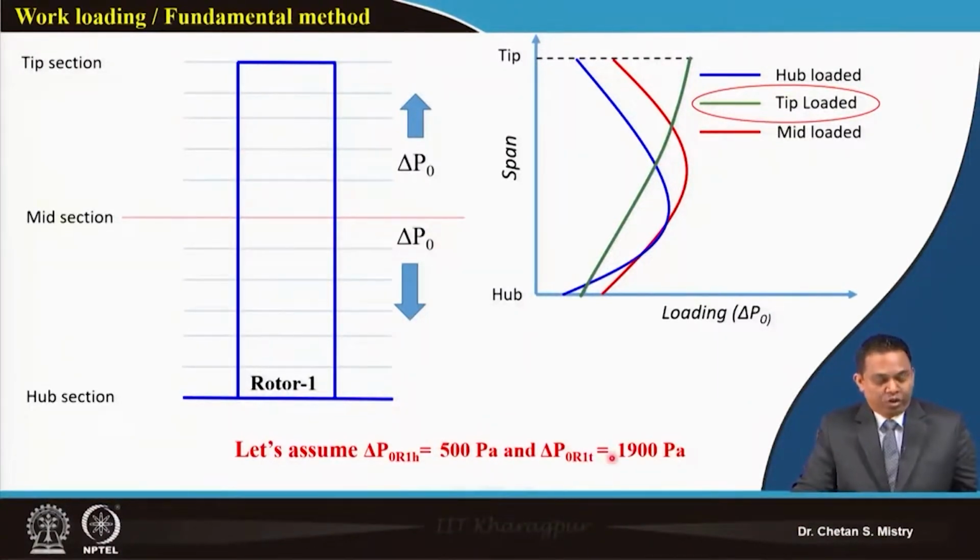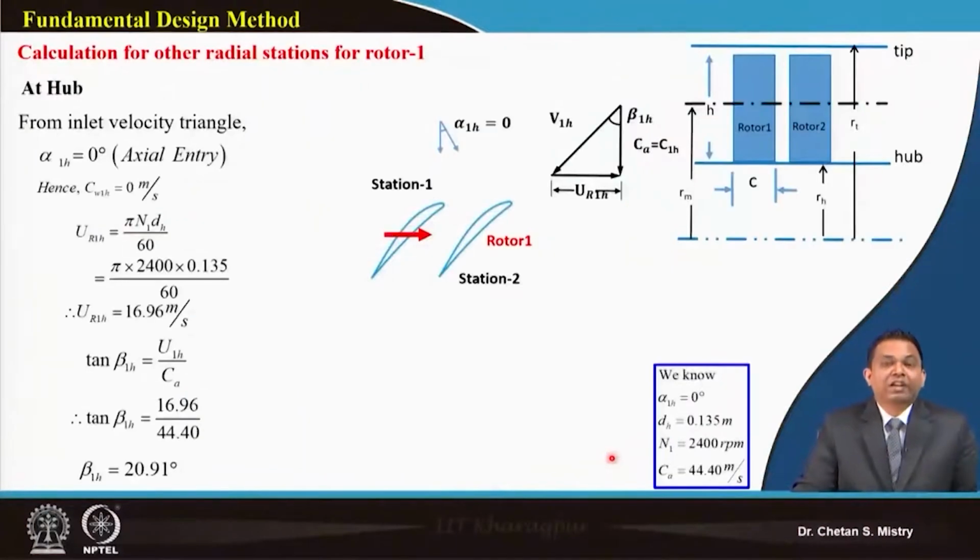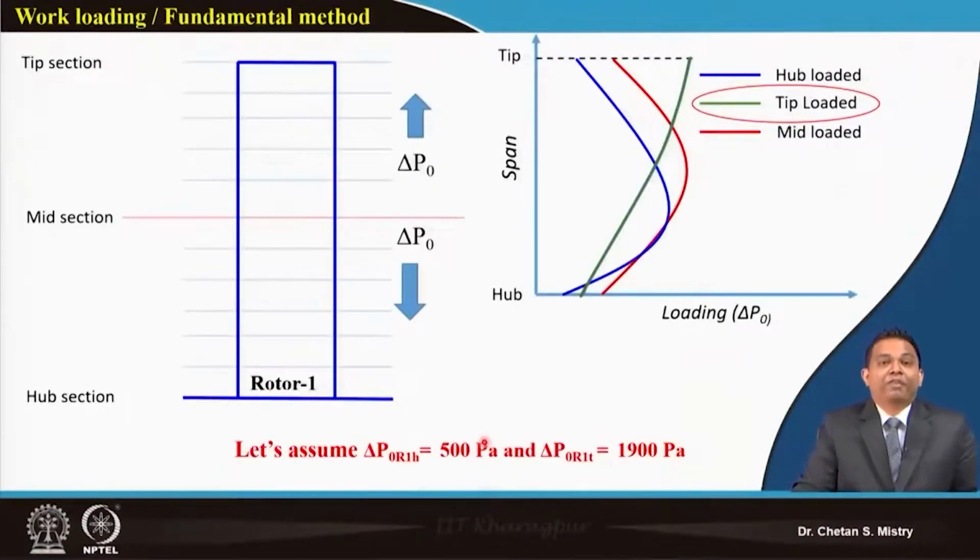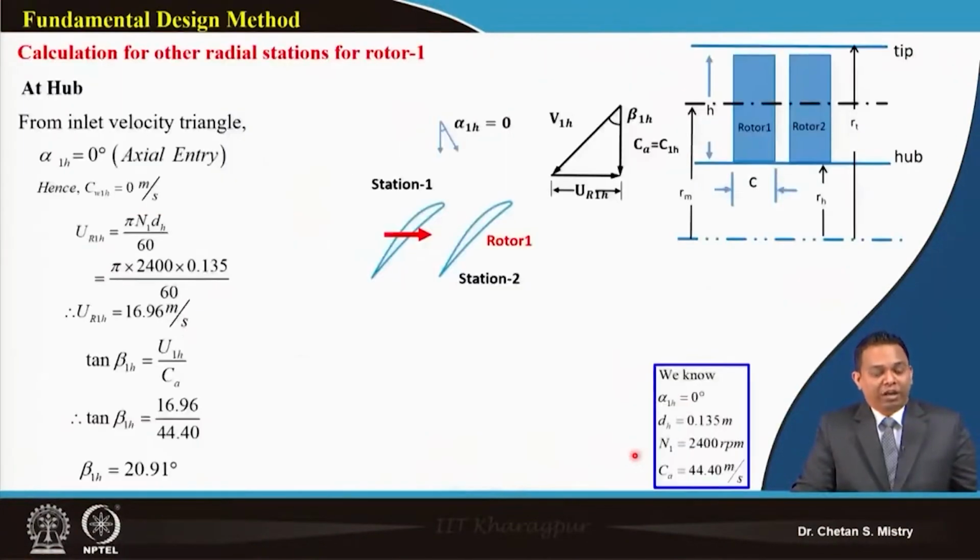So, if I put 500 Pascal at the hub, I need to do my calculation at the hub station. Same way for 1900 Pascal, I need to do my calculation at the tip station. Let us see what all we are calculating.